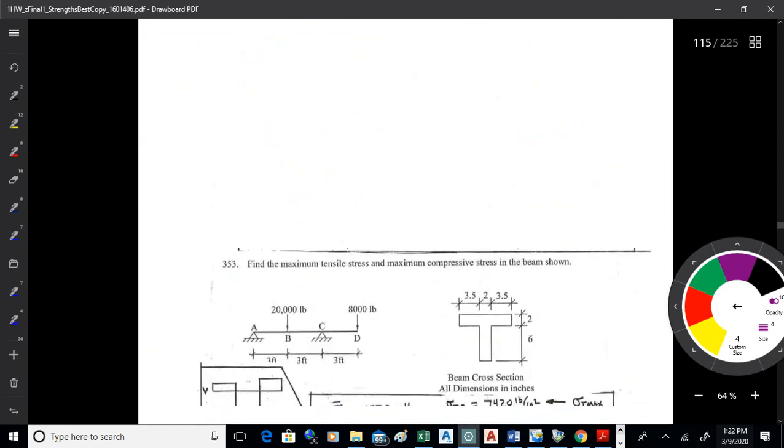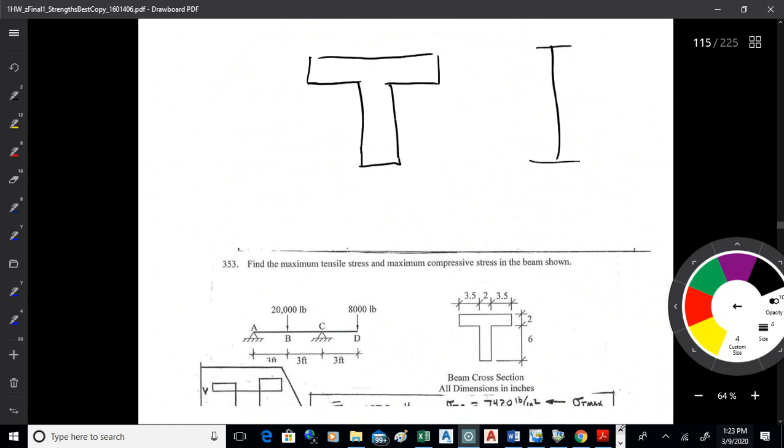So what we've got, to draw up C, is this T-beam. And what we know about the T-beam is it's 8 inches deep. And we also know that the neutral axis is right there. It's 5.4 inches from the bottom.